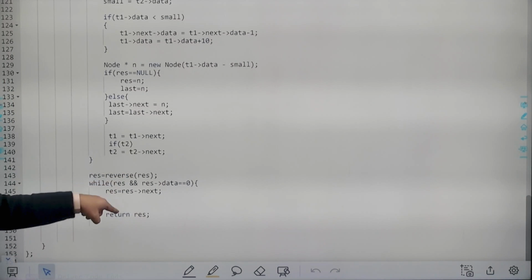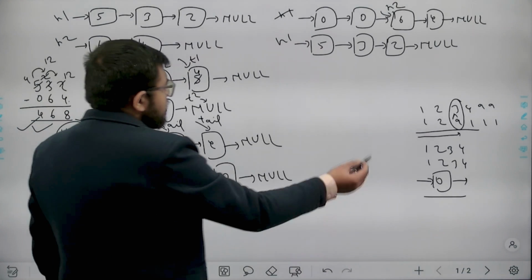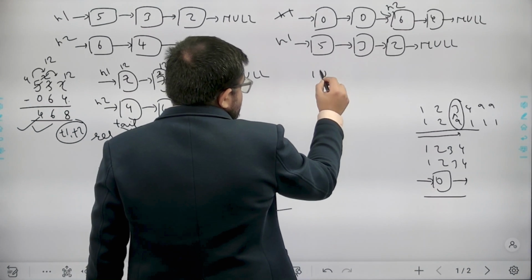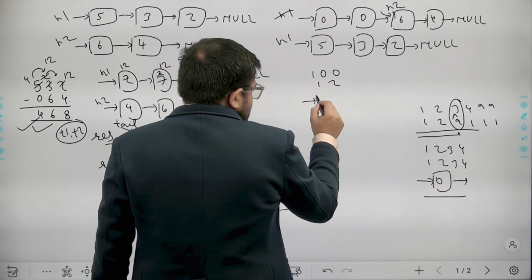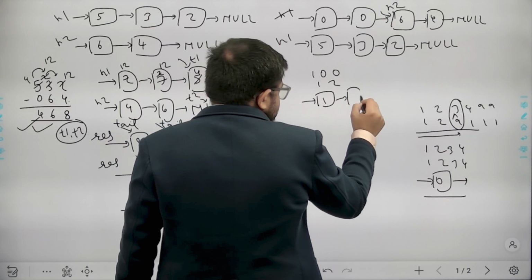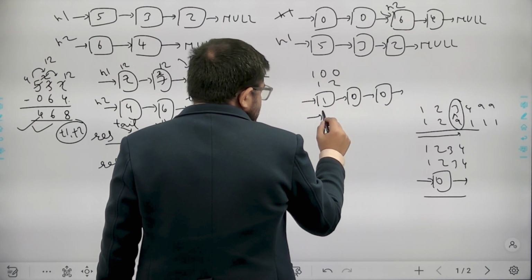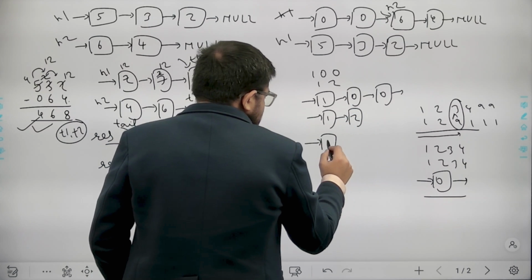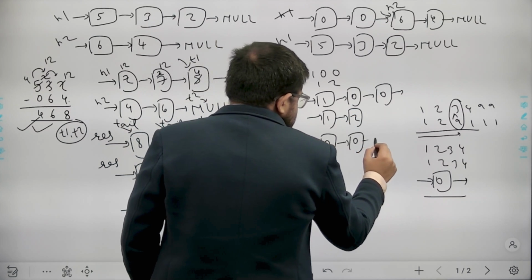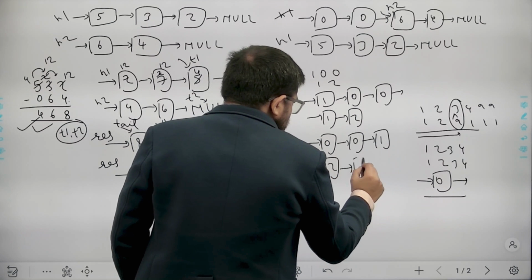Now, after reversing, why do I need to remove the starting zeros? Because, for example, if your numbers are 100 and 12, this is the given example, then your linked list would be 0, 0, 1, and this would be 2, 1, right? So you reverse them. So this becomes 0, 0, 1, and this becomes 2, 1.